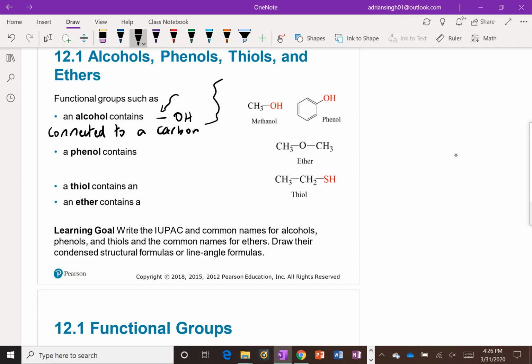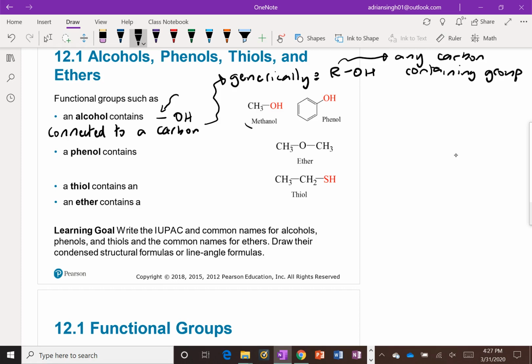So the way that we'd represent that generically, we can say ROH, right? Remember we used this R notation before. R just means any carbon containing group.